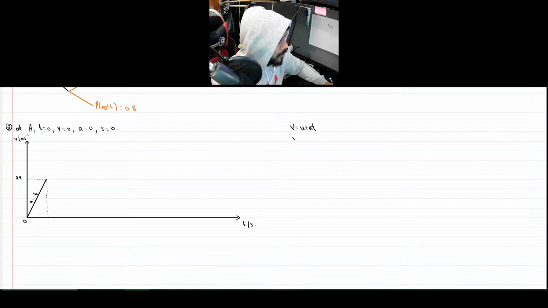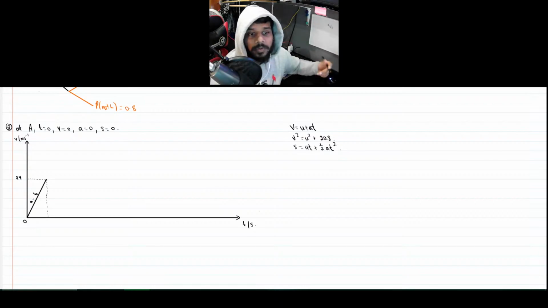V squared is u squared plus 2as, sorry. And the last one, s is equal to ut plus 1/2 at squared. So in kinematics, we either use this information or we use calculus in the questions.